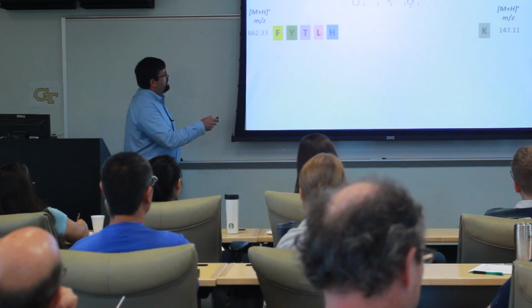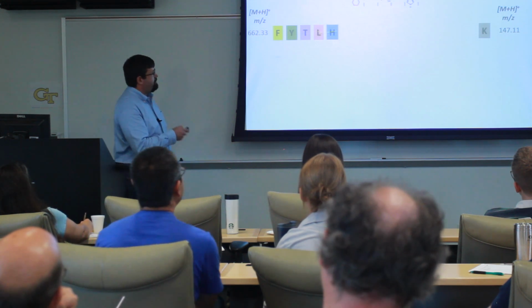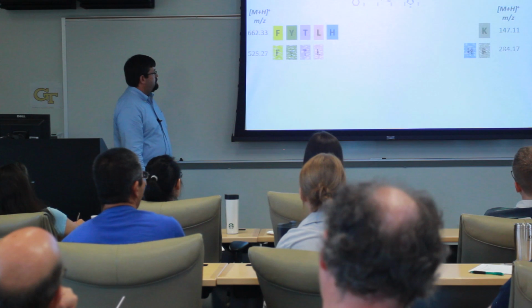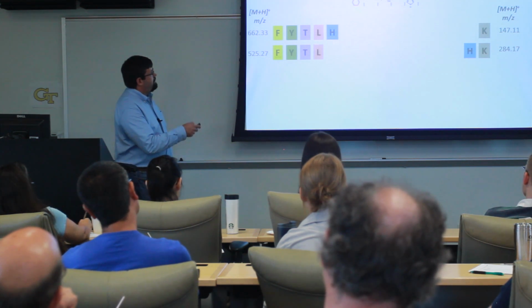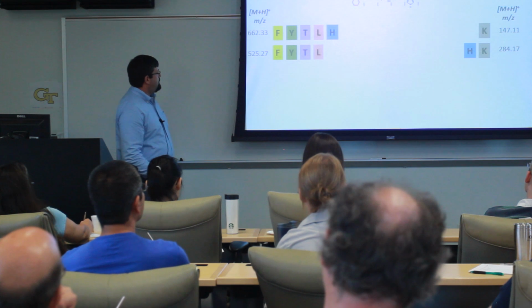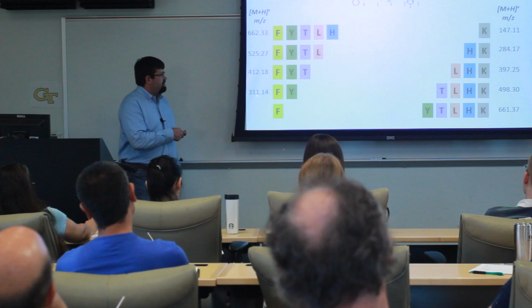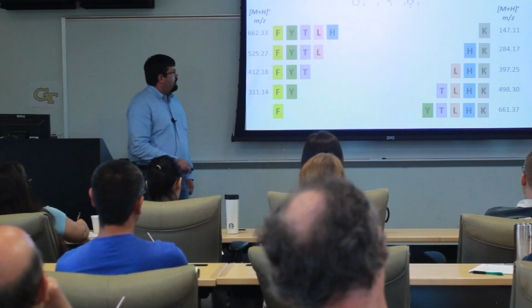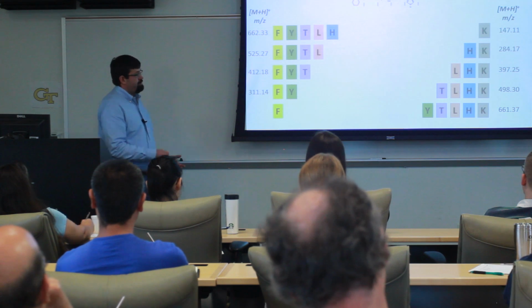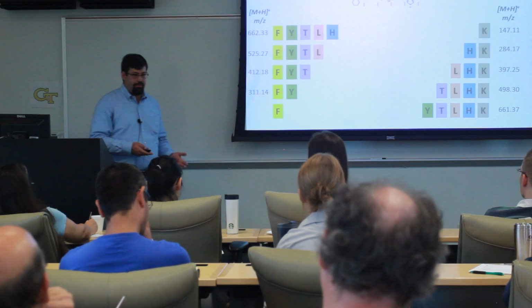We may get fragmentation at the peptide bond between histidine and lysine, producing these two mass fragments. We may get peptides that are fragmented between leucine and histidine, and so on and so forth, generating a list of fragments that can be matched to a database of a theoretical fragmentation of that specific sequence, right?